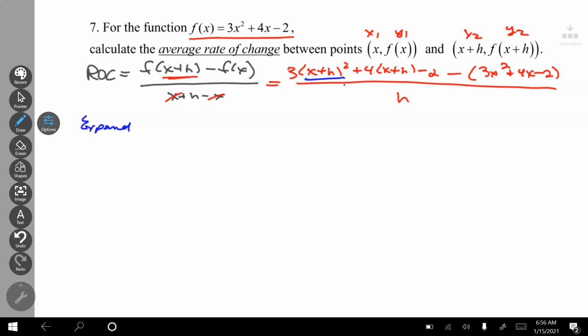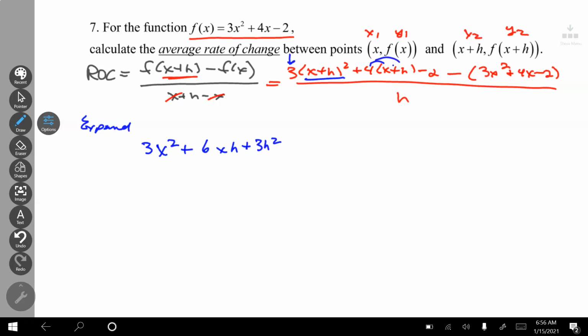Hopefully you remember that (x plus h) squared is x squared plus 2xh plus h squared, right? Except there's a 3 in front. So I have to multiply all that by 3. So I can put a 3 up front here. This becomes a 6. This becomes a 3h squared.